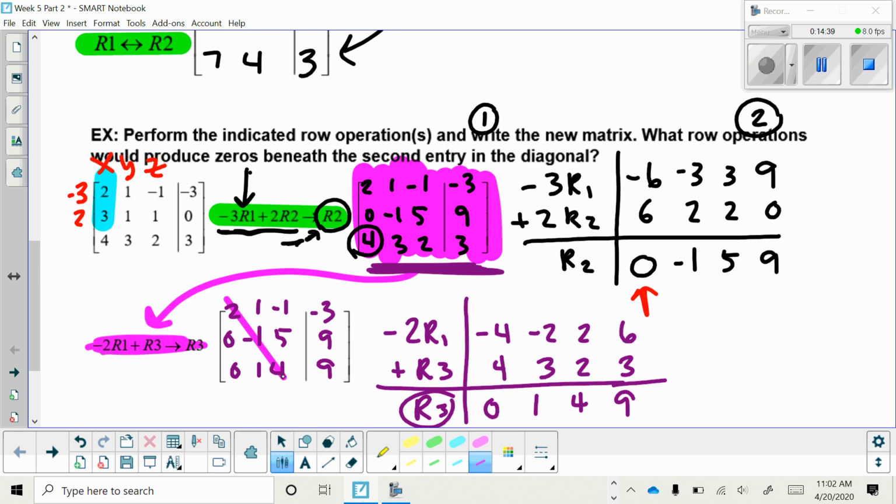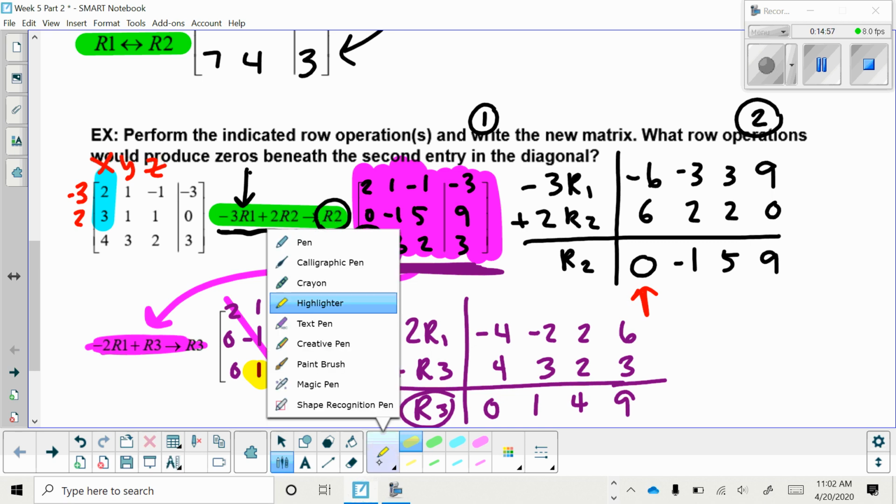No, not yet. Identify the one thing that needs to be changed in order to complete this into triangular form. I hope you came up with this right here. That value would need to be a 0.